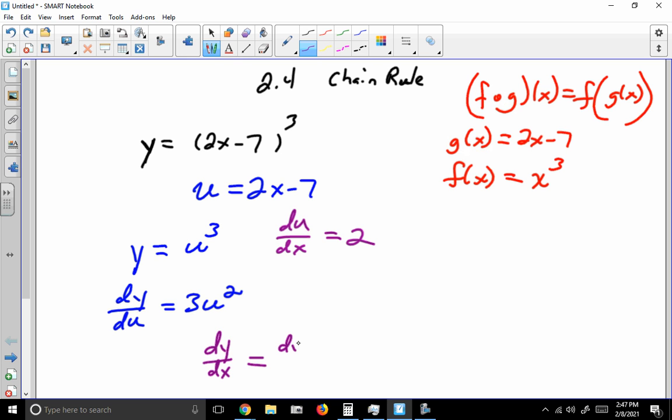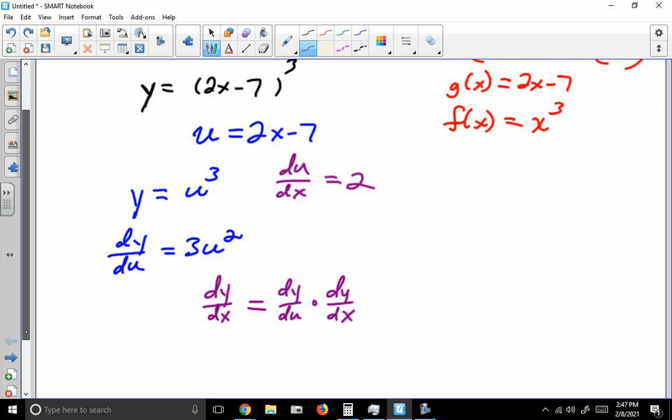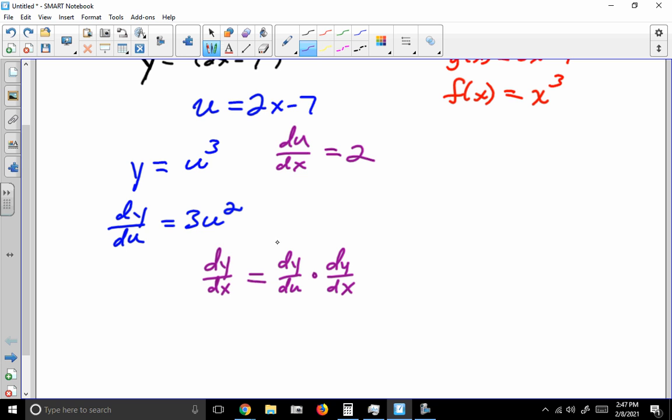So notice, if we were to take dy over du times du over dx, in a sense, the du's would cancel, leaving us dy over dx. So let's see what that would look like. So dy over du would be 3u to the second. Du over dx, that would be 2.